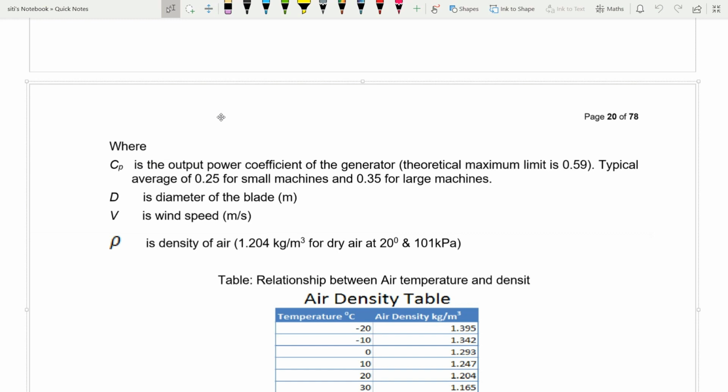V is wind speed, unit in meters per second. Rho is the density of air, which is 1.204 kilograms per cubic meter for dry air at 20 degrees and 101 kilopascals. So this table shows the relationship between air temperature and the density.